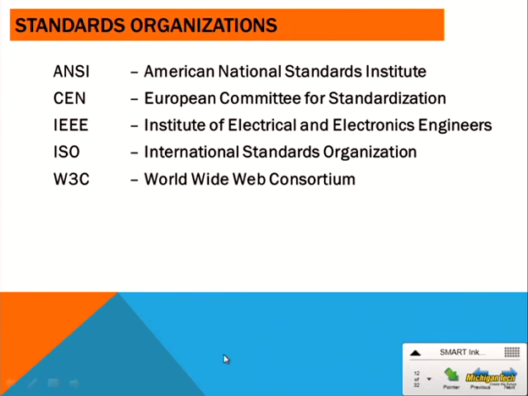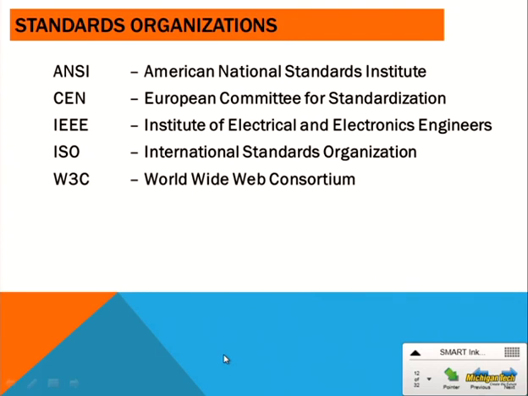Also, we have IEEE, the Institute of Electrical and Electronics Engineers. Also, we have the International Organization for Standardization and the World Wide Web Consortium. This kind of organization is a standards organization. Different organizations make different standards, and one organization perhaps makes different standards.